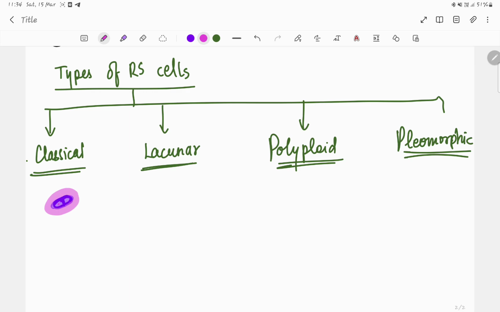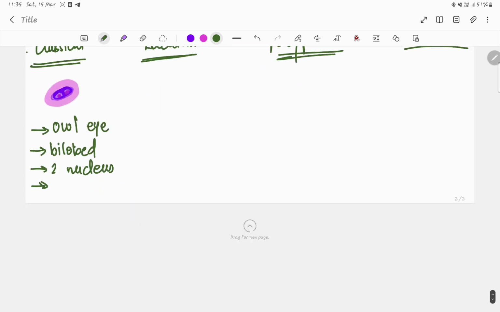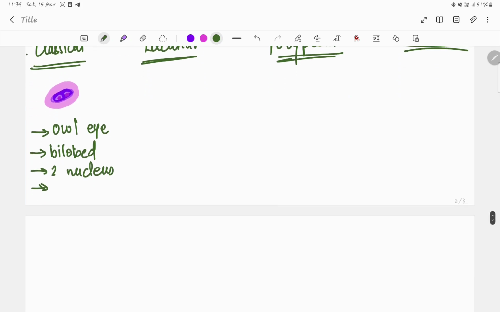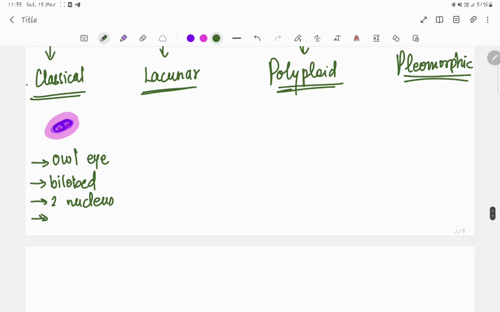This is exactly how the classical one looks. So you also have to draw one when you are talking about it, and then mention a few points. When you see it, it looks like an owl eye, and it is bilobed. It has 2 nuclei. There is cytoplasm around it. There is no lacunar space around it, so we don't mention that. Where can we find it?